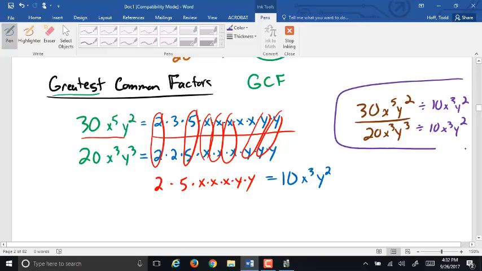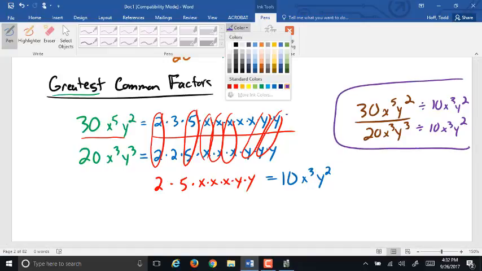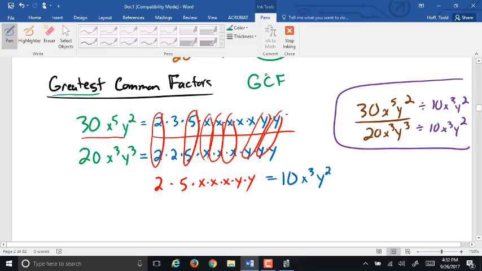Now, having it written out like this probably doesn't look very familiar to you. Most of the division we have done has been vertical. So it would have been the 30 x to the fifth y squared divided by 10 x to the third y squared. We would have written it like this.